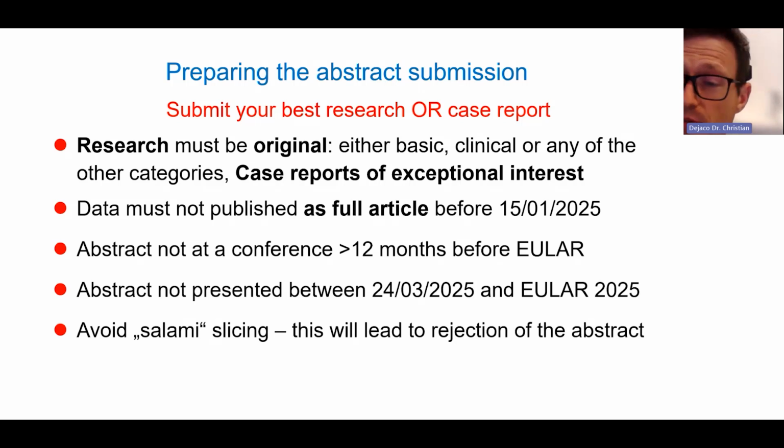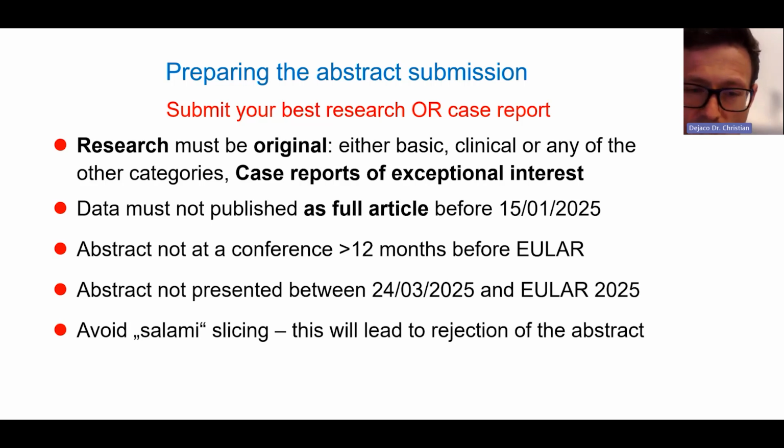However, if you have conducted a big trial and you have several different aspects to report, then of course you can separate it in different abstracts. So for example, you have a phase 3 trial on a new drug, and then the main outcomes are packed into one abstract. Then you have some aspects like radiographic outcomes that will be packed in another abstract.